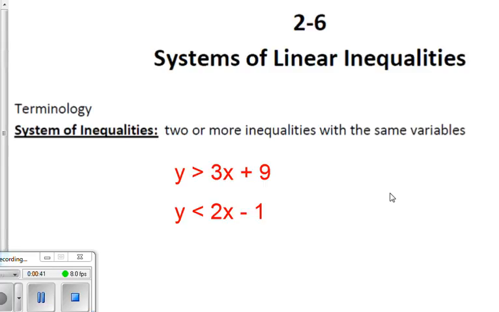Just like the graph of one linear inequality was not just a line but all of the shaded area, when we have systems of linear inequalities, it's one area that is our solution. One spot where y is both greater than 3x plus 9, and also less than 2x minus 1.